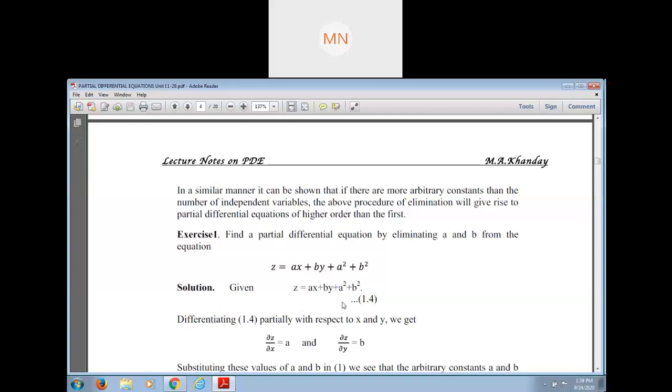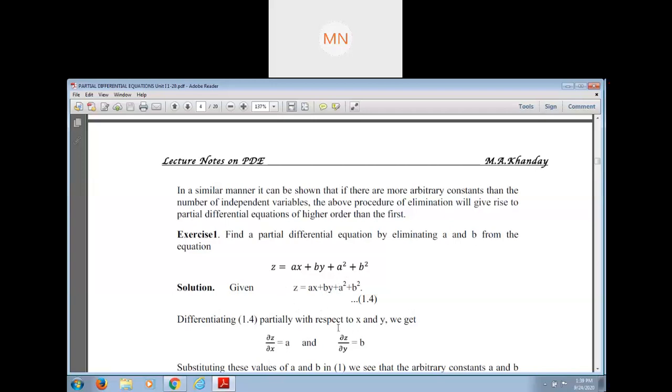In that situation also, if we differentiate z with respect to x, you have to consider y and t as constants. So it will come as del z del x equals a. Only a will remain, because y is treated as constant.